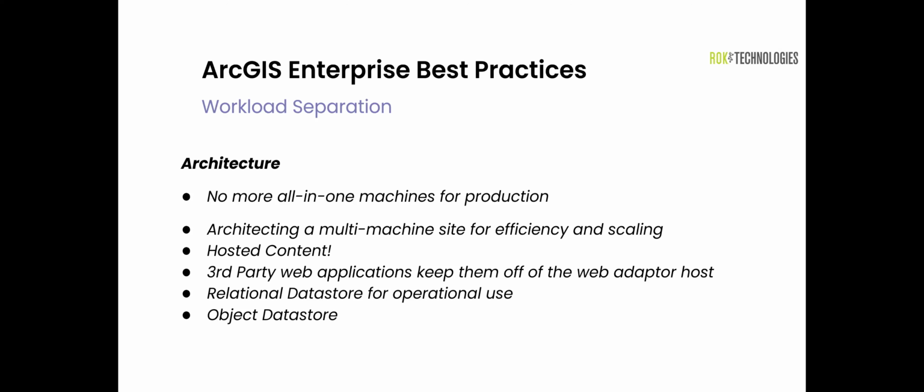And the object data store does a couple of interesting things. One, it's the replacement for the tile cache. So it's hosting your 3D scenes and even does some HTTP response caching, which is really cool.